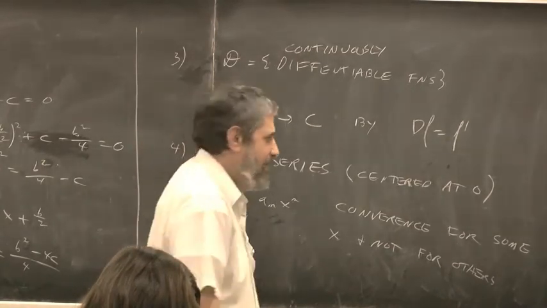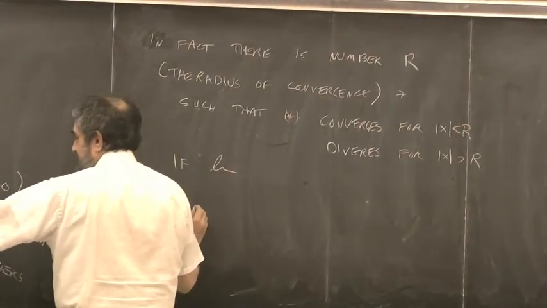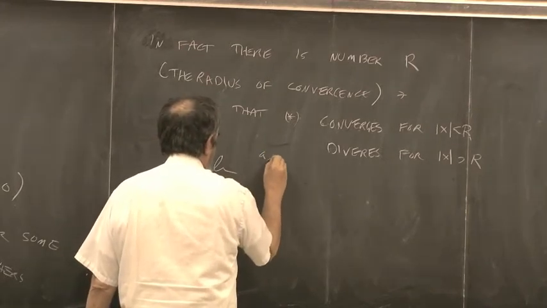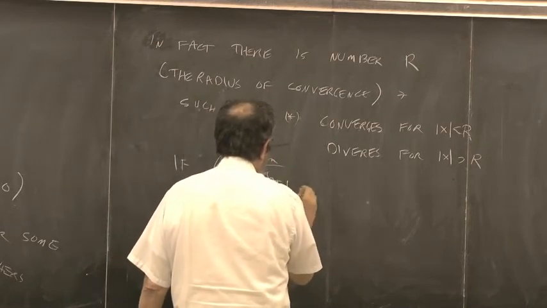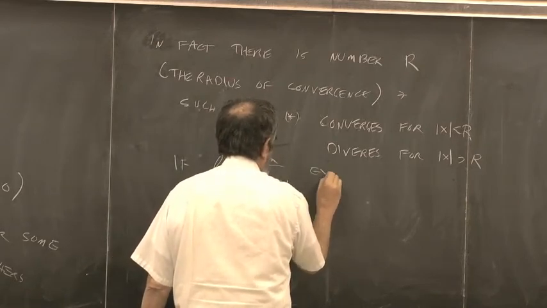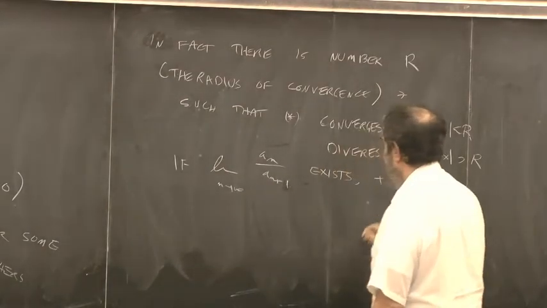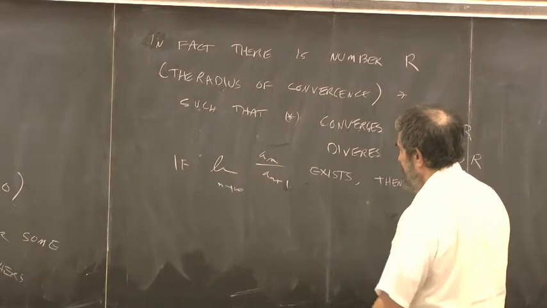It tells you that if the limit of the ratio of successive coefficients exists, then the radius is this limit. Let's see if I do this right.